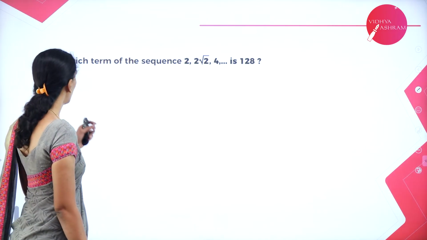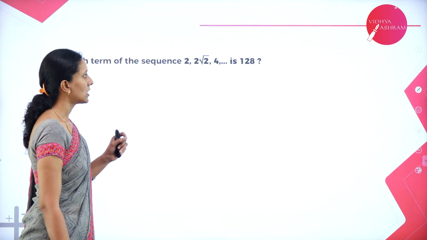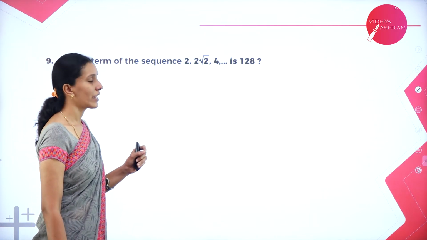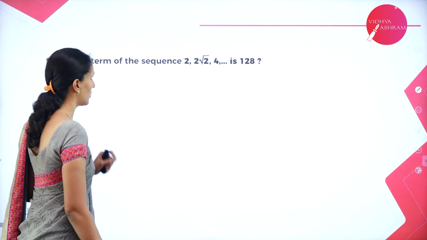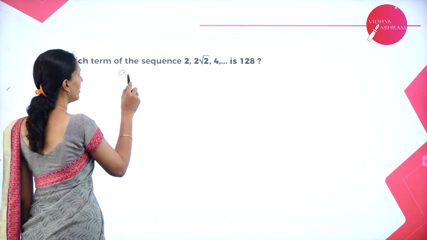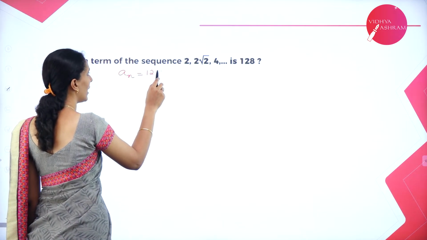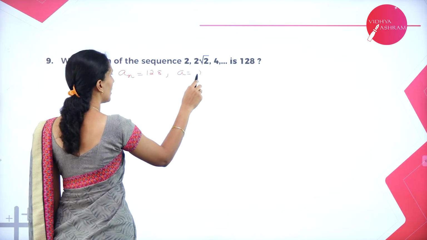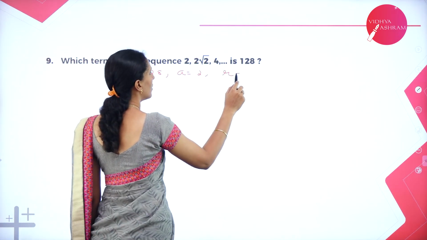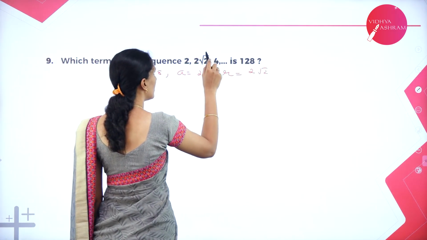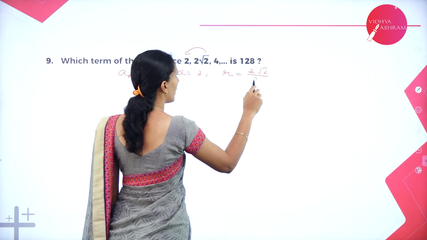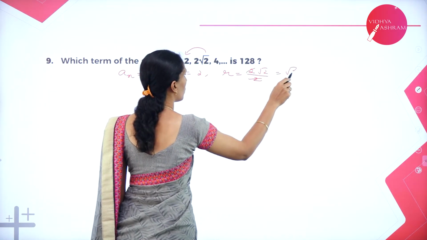Next question. Which term of the sequence 2, 2 root 2, 4 is 128? So the last term is given, an, as 128. The first term is given as 2. r we can get by dividing these two: 2 root 2 by 2, which is equal to root 2.